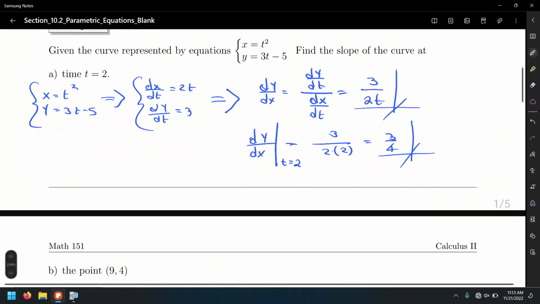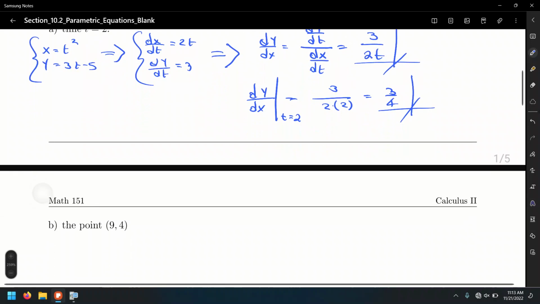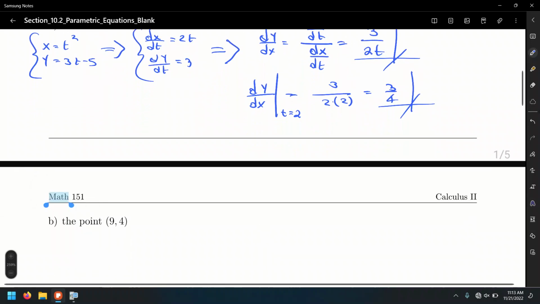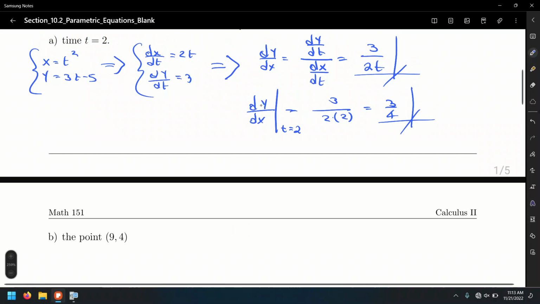So actually part B. Find the slope of the curve, letter B, at the point (9, 4). Notice in this case they're not telling us the value of t. They're giving us an ordered pair. And if you think about the derivative, even though the derivative is dy/dx, we're finding the change of y with respect to x.